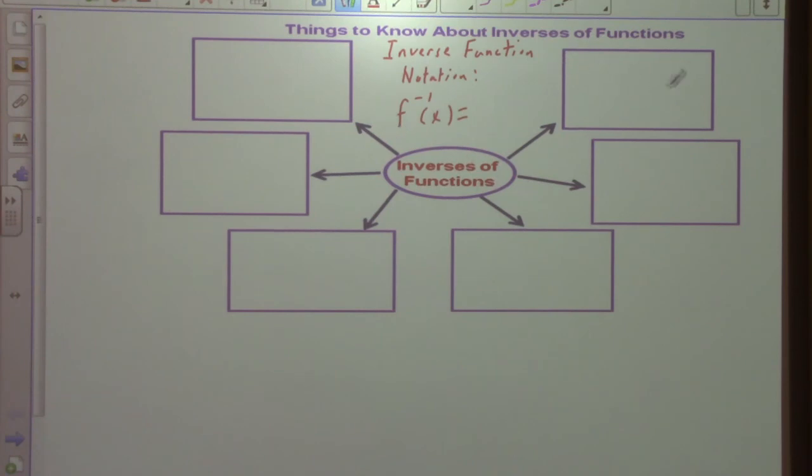I'm going to write down some things to know about them, and so this becomes sort of a guide. In inverse functions, x's and y's switch places.